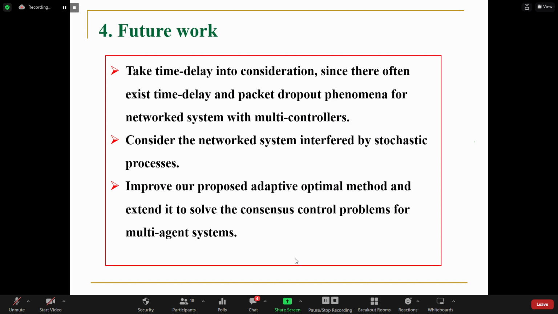Fortunately, we can use the ADP method and some other mathematical operations to deal with this difficulty. But when there exists some disturbance, the situation becomes more complex. But we still have some techniques to deal with it.